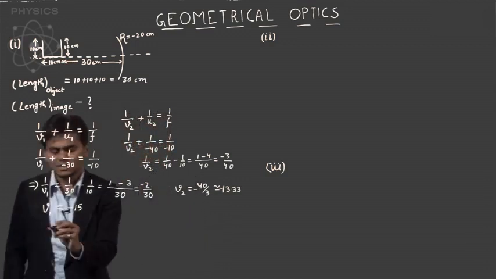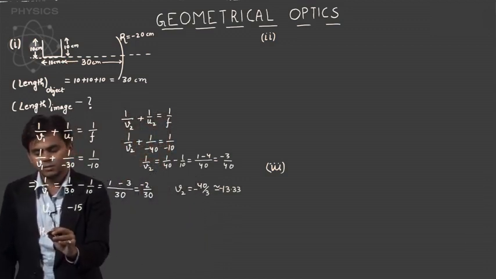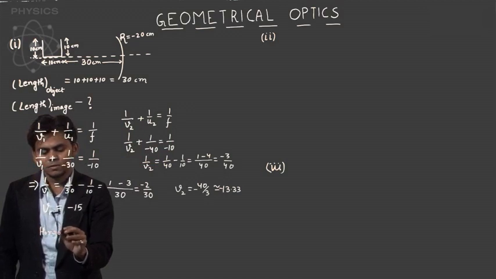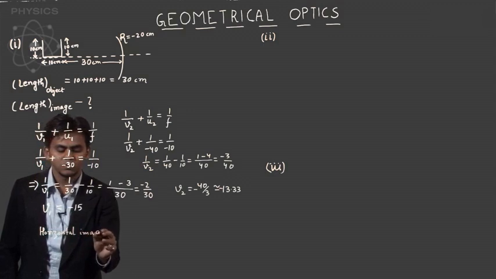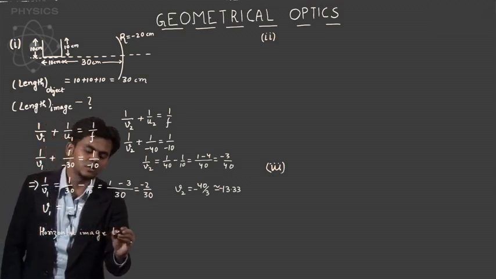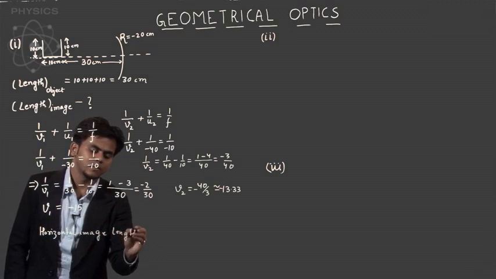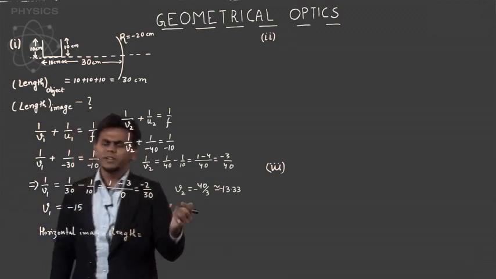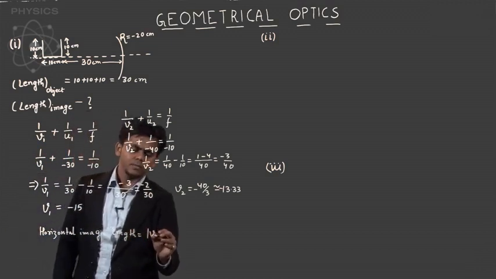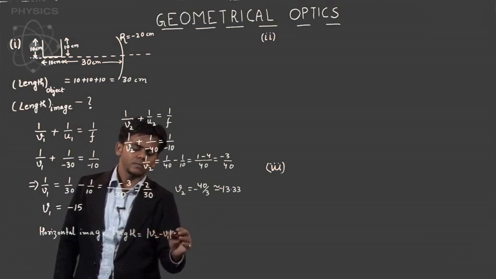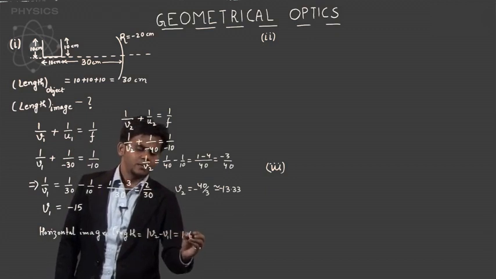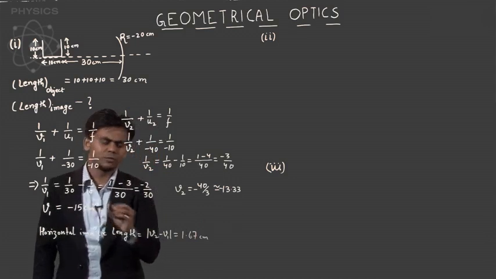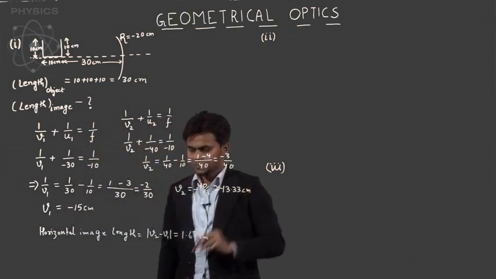So horizontal image length essentially is mod of V2 minus V1, that would be equal to 1.67 centimeters. Just say centimeters. That would make more sense, or else you'll get confused.